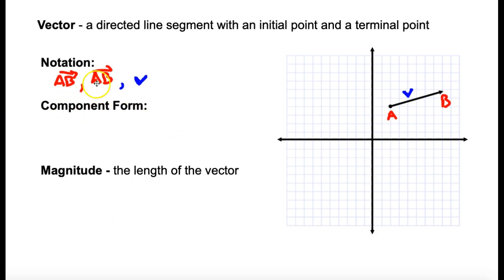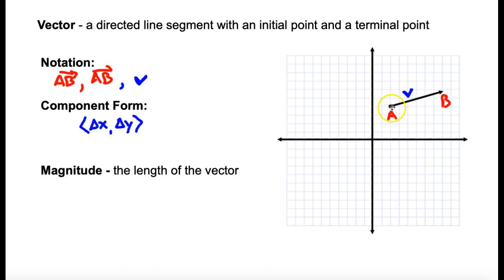Now, component form of a vector is going to be very useful for the math behind what we're going to be doing. The component form just breaks it up into an x and a y coordinate, or more accurately, a change in x and a change in y.